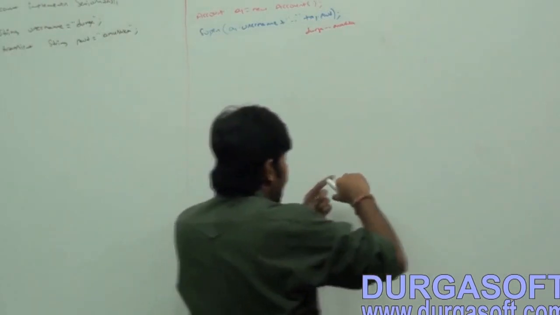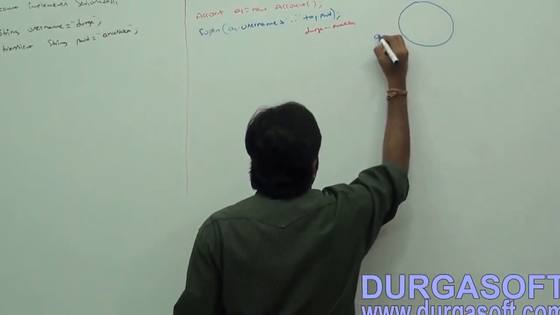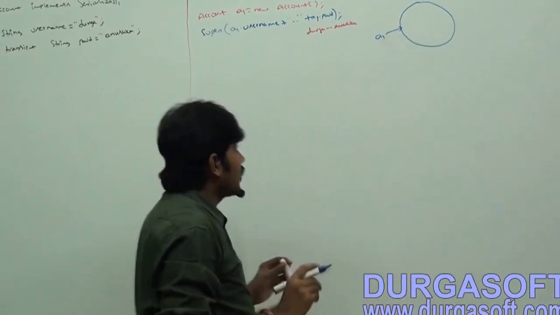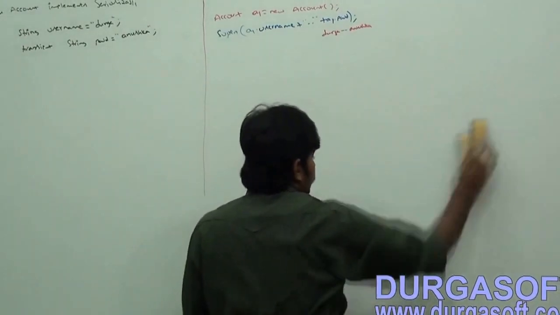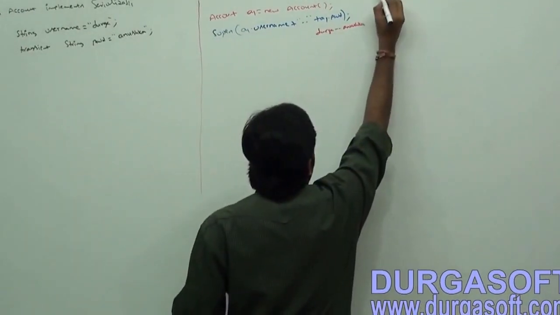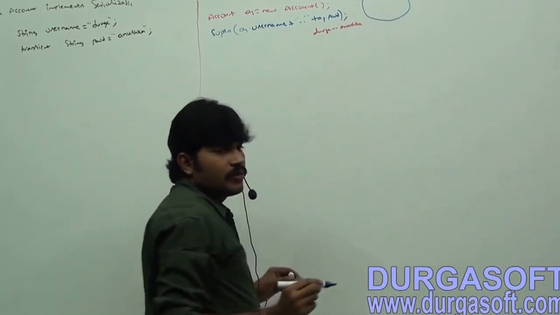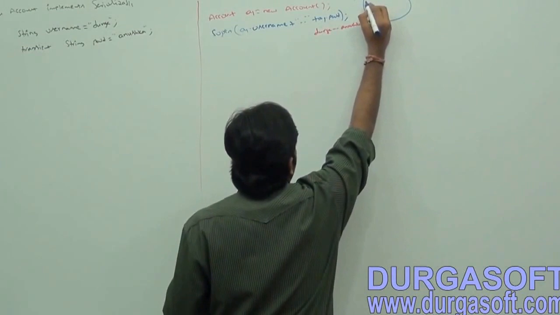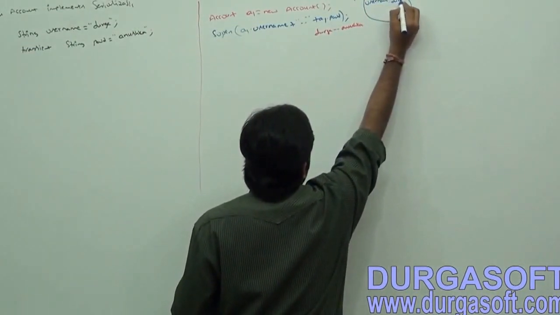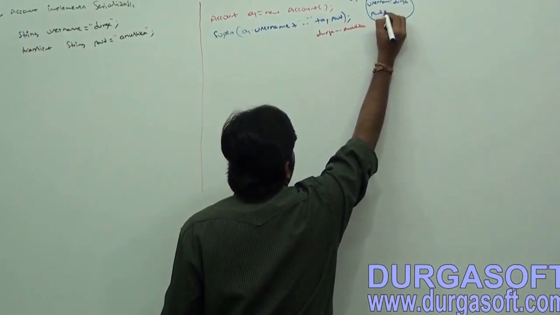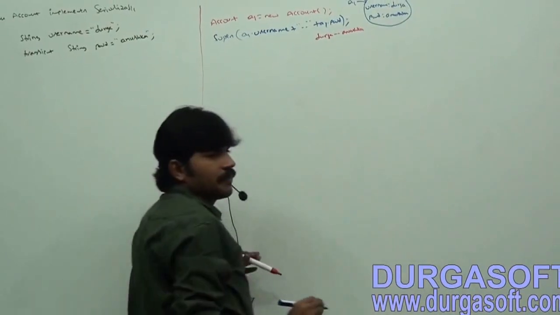Now this is the account object we created. Take very special care about this one. The username is Durga and the password is Anushka.